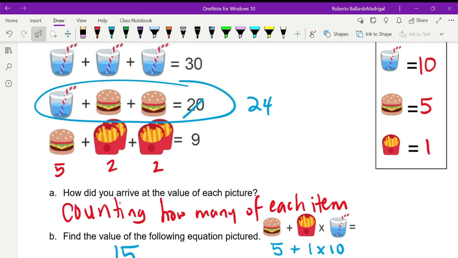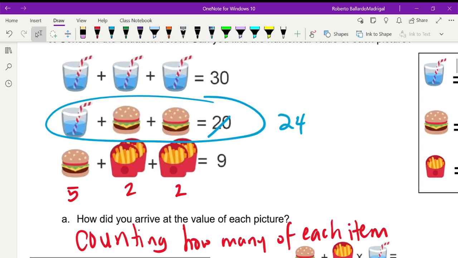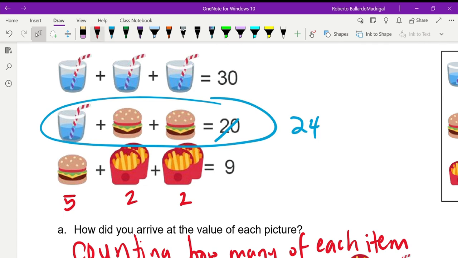Each burger would be equal to 6? Or each item would be equal to 6? Okay, so I'm going to write some numbers next to it. So you're saying the drink is 6? Each of the burgers is 6. Okay, so this is 6 and this is 6.